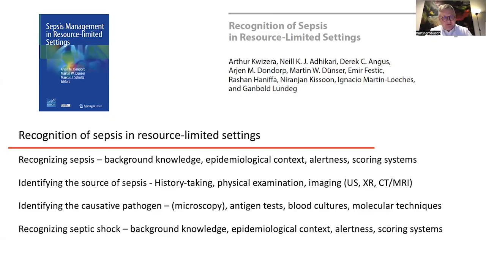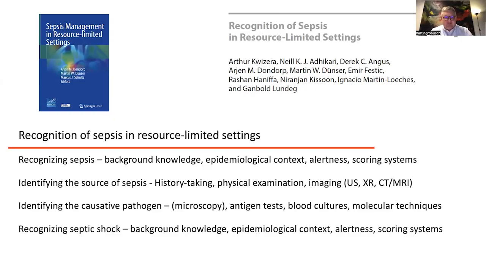And that applies to all settings, from low and middle income country settings to high care settings in affluent countries, actually. Then, of course, the next step would be, as far as possible, the direct, or if not possible, otherwise the indirect identification of the causative pathogen, or at least a very well-educated guess to facilitate optimal therapy, actually.